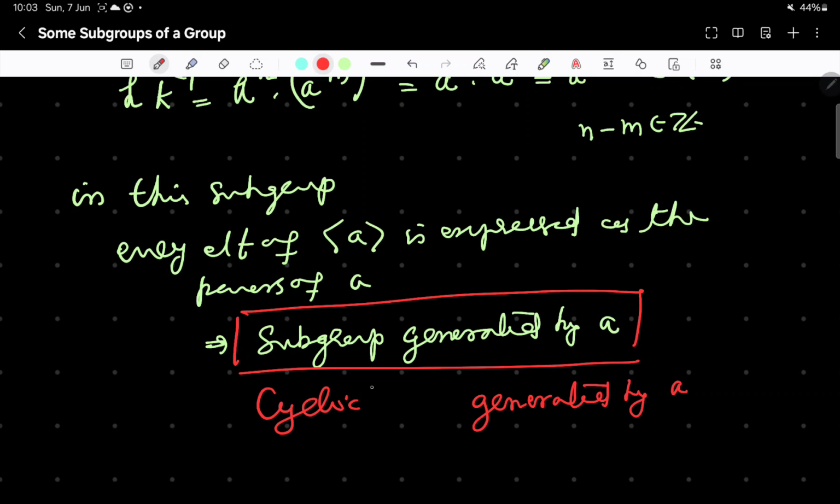We can make it the subgroup generated by A in the group G.